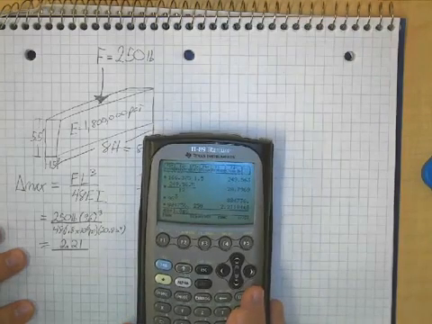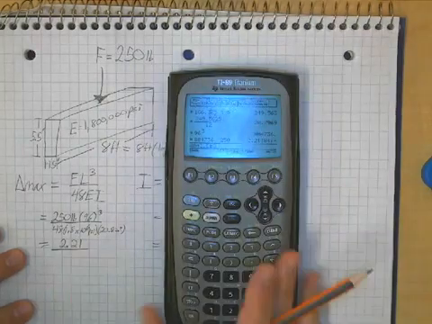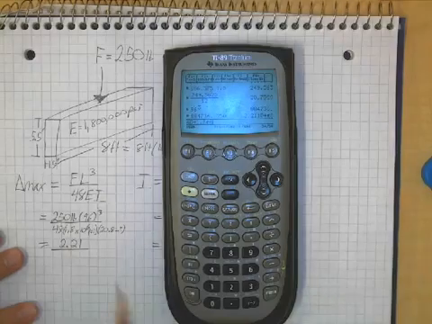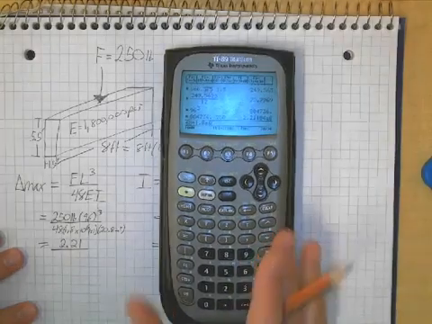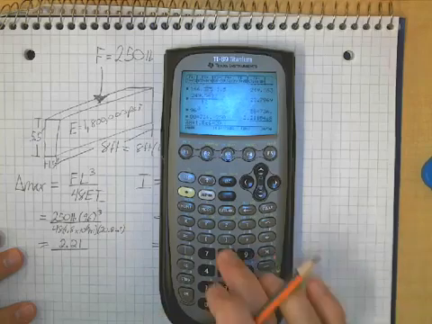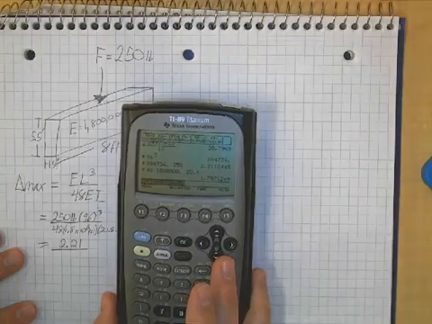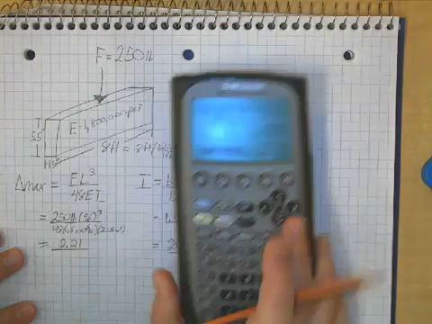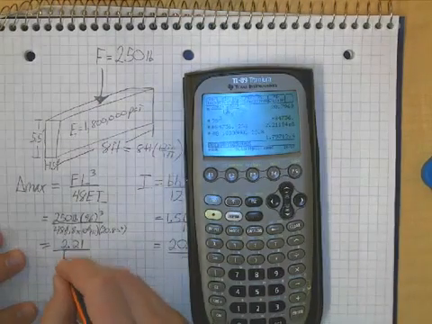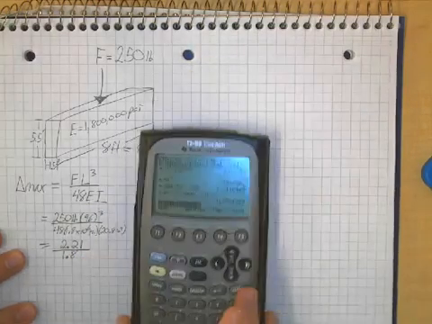So if I type 1.8 E6, that's the same thing as this right here. Or you could type it out as 1,800,000. Anyway, so 48 times 1.8 E6 times 20.8, and I get 1.797, so I'll call that 1.8 when I'm writing it down. In my calculator, I'll leave it all together.